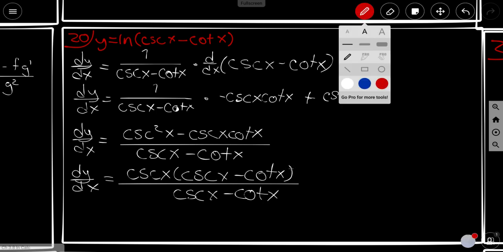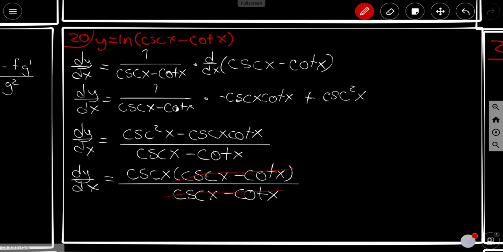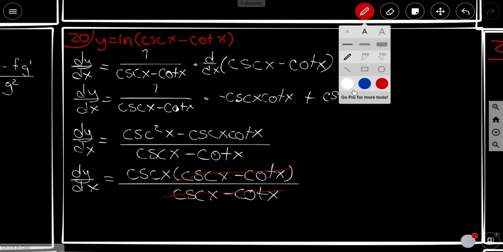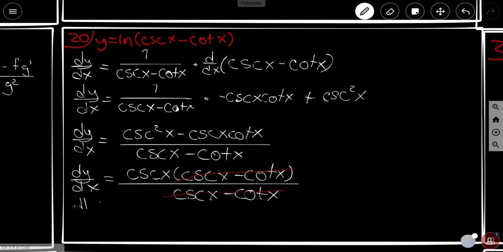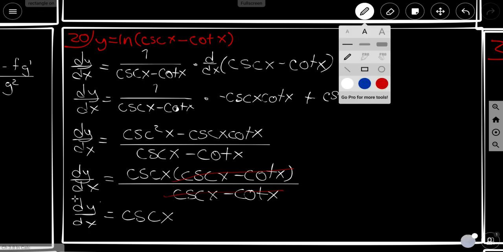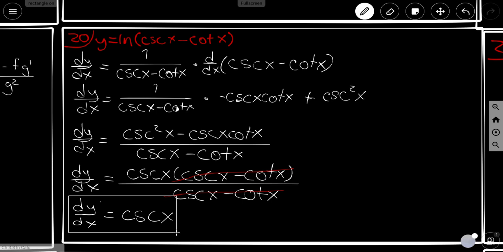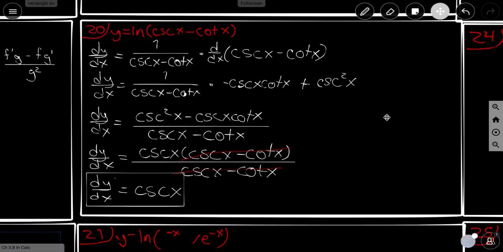And can cross it out. And our answer is going to be cosecant. Okay, moving on.